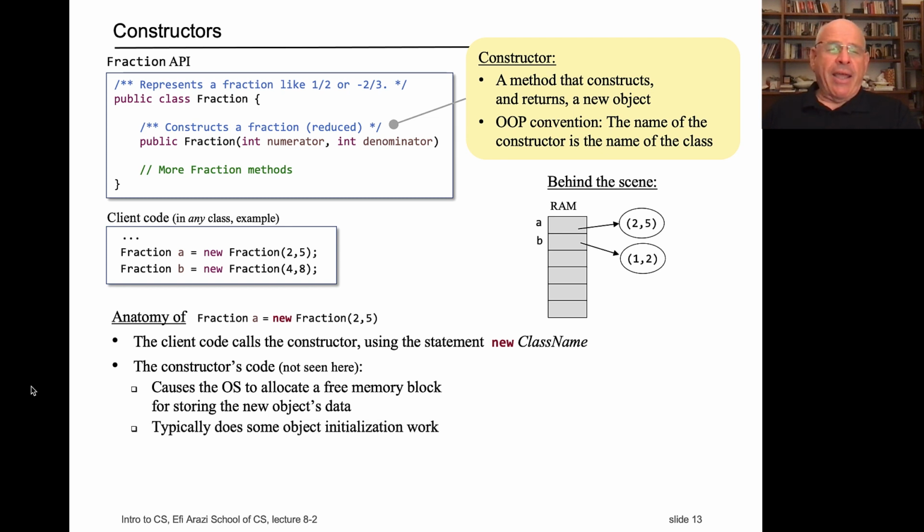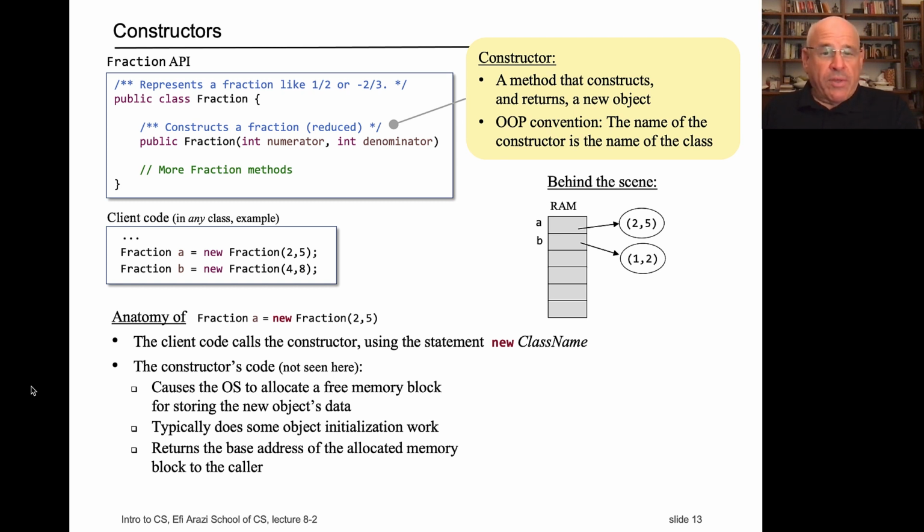Now, typically, after doing this, the constructor will do some object initialization work. Here we have a very good example. The constructor is going to reduce the object if necessary. And finally, the constructor is going to return the base address of the allocated memory block to the caller.